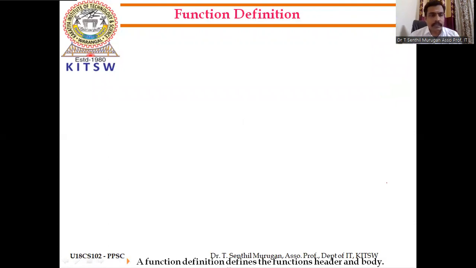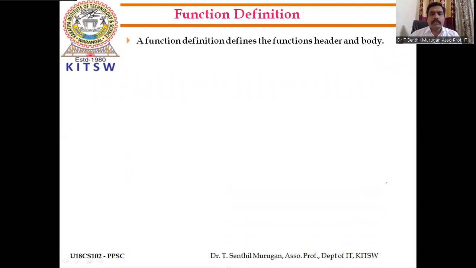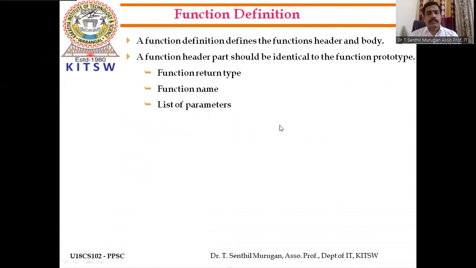What is a function definition? How do we define the function? A function is a block of statements that will perform some task. Already we know that. The function definition defines the function header and body. The function header part should be identical to the function prototype. What are the things you have to remember?